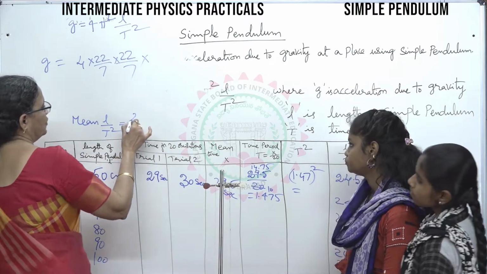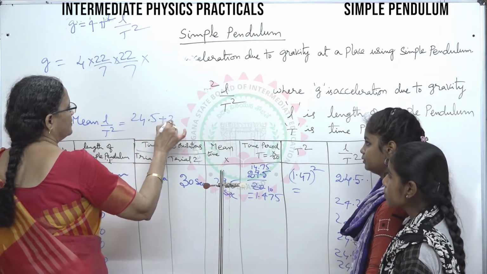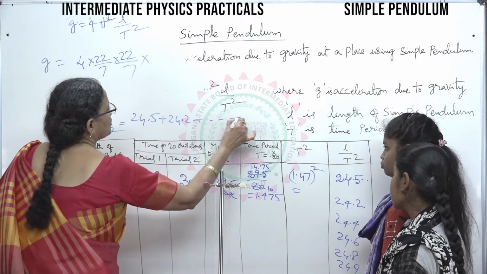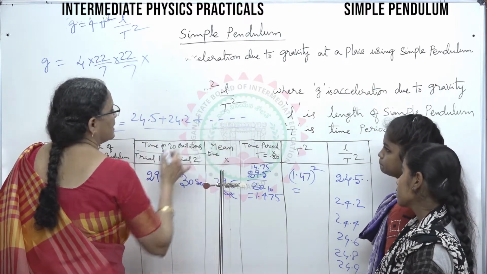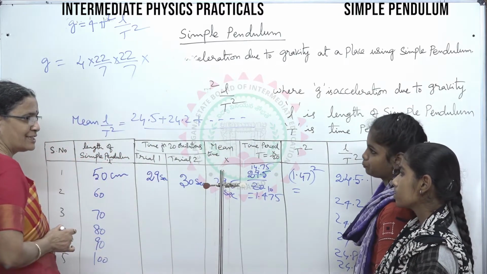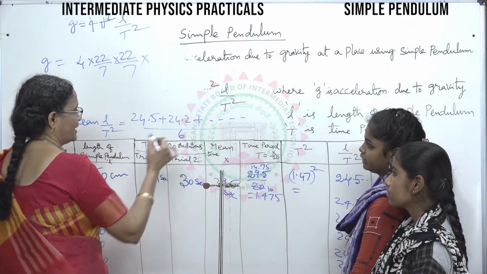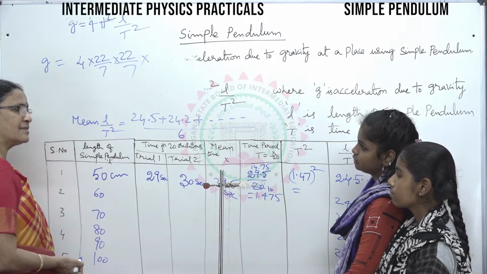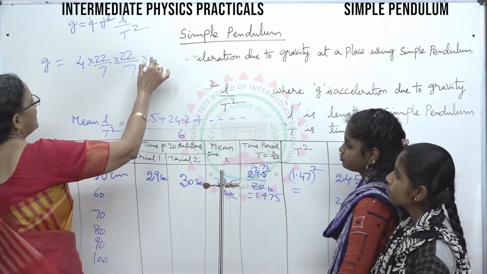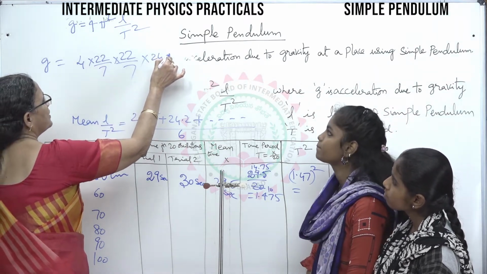Add 24.5, 24.1, and so on, by, how do you calculate the average? Total of the readings by the number of readings, 6. If you have taken 6, write 6. That is again say 24.5, for example.